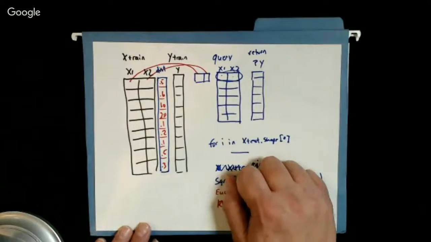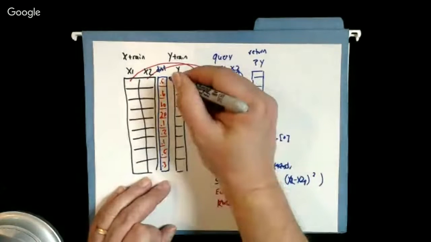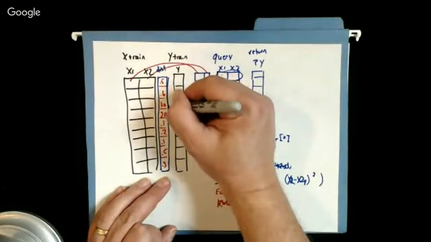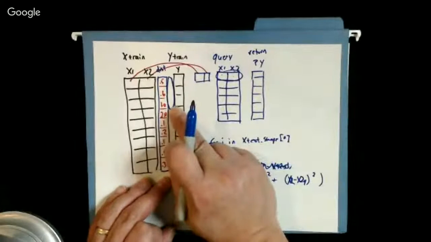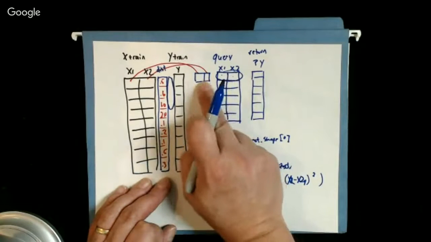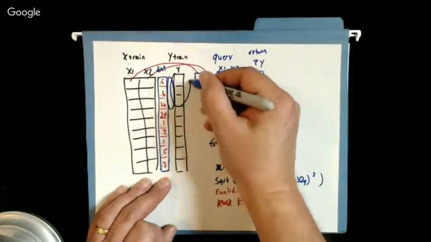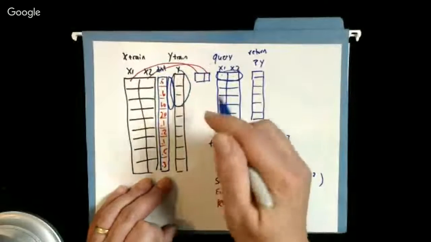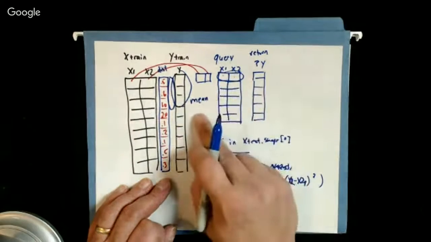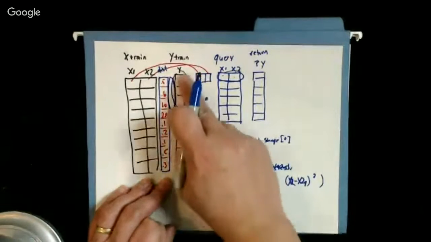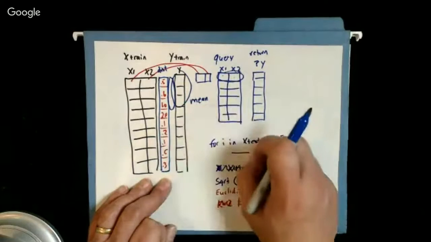In any case, after the sorting, because k is equal to 3, we want to just get the 3 smallest ones. Those are going to be the ones that are closest to this query point. Then we take the y's associated with those, and we just take their mean, and that is the response to this query for that first element.